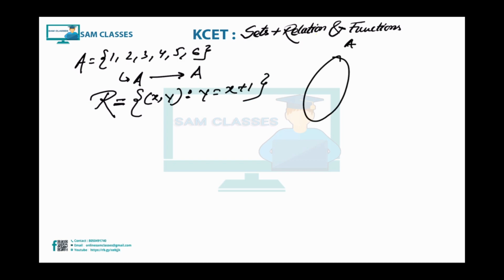So let's make A on this side also. In A we have 1, 2, 3, 4, 5, 6, and in B also 1, 2, 3, 4, 5, 6.